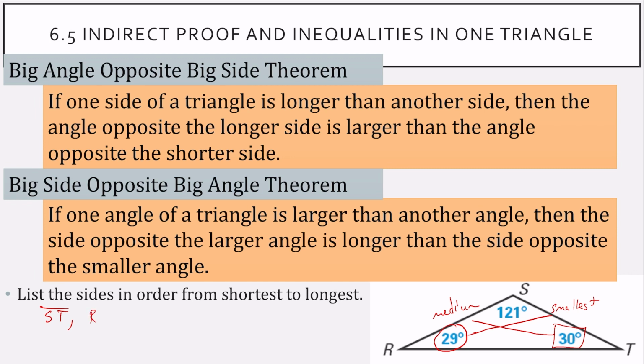That's RS. And then the longest, which we could tell from the picture, not that you can always tell things from the picture, but longest one is RT. Smallest side is opposite the smallest angle, biggest side is opposite the biggest angle.